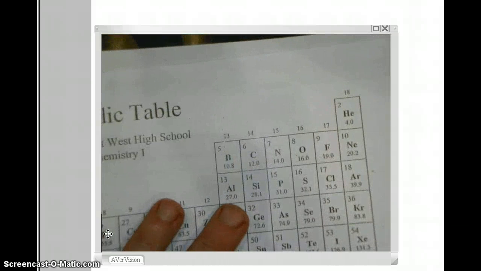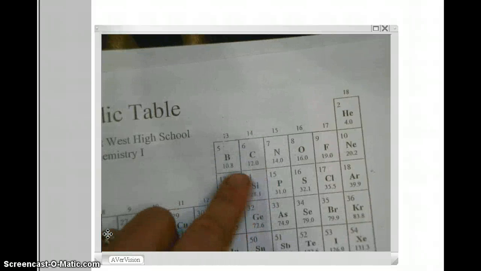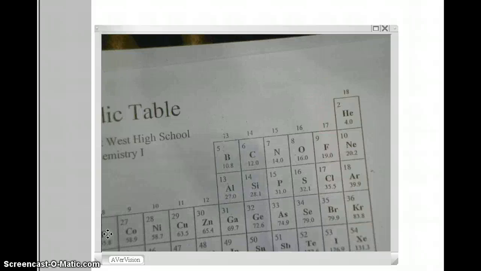So what that is, if you look on your periodic table, carbon is set up in a way that the total mass is 12, which means that this was the center of how all of the elements were going to be set up, and that is its basis on the periodic table.